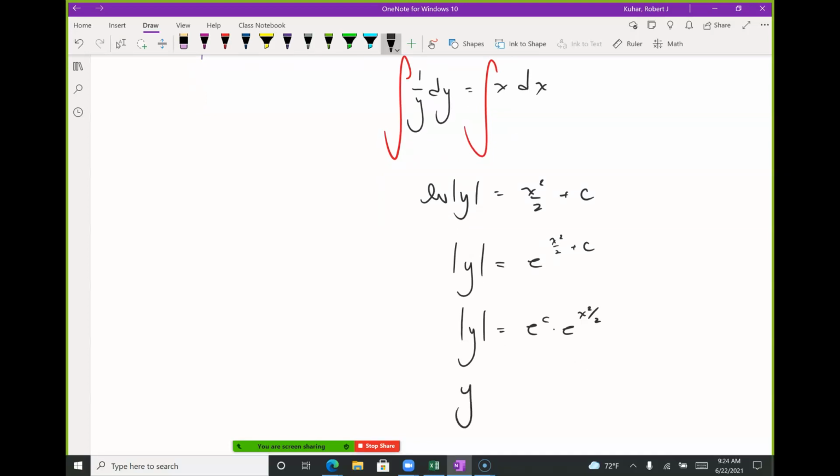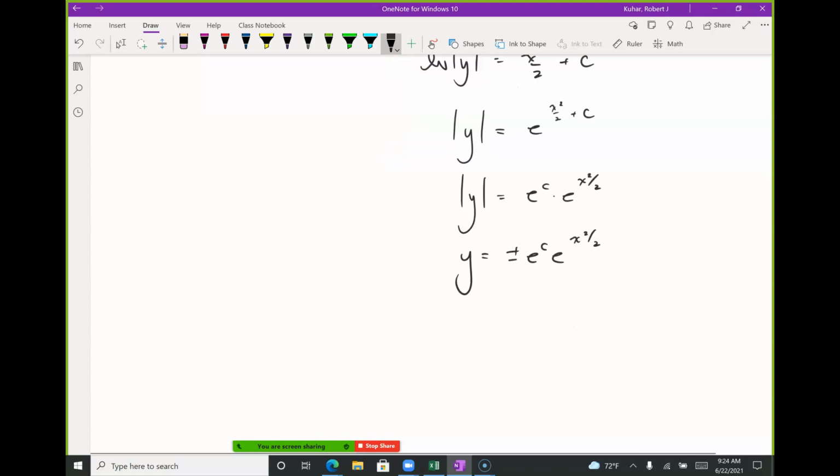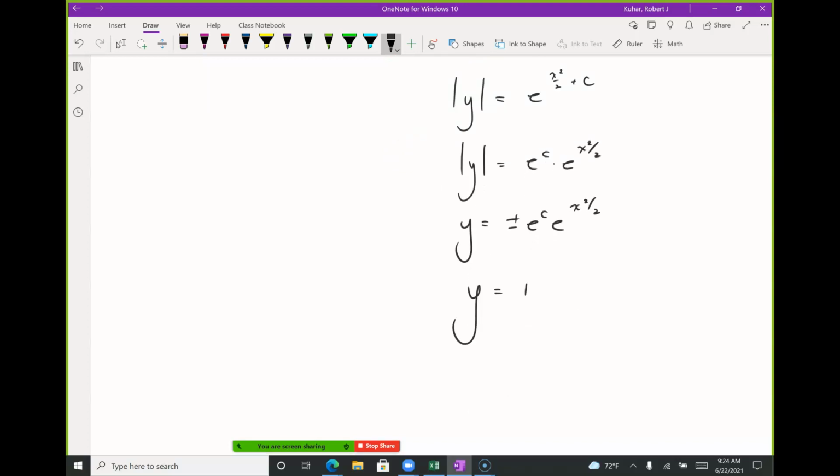And then finally, y is plus or minus e to the c, e to the x squared over 2. And then at that point, the book will say y equals k e to the x squared over 2. So just trying to simplify it as much as I can. K is some real number. Could be positive, could be negative. Unlikely it's 0.